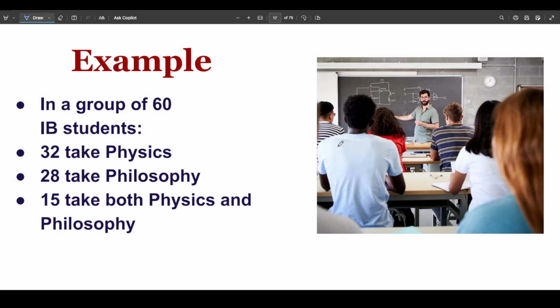Okay, we're going to go for an example here. Let's say that in a group of 60 IB students, 32 take physics, 28 take philosophy, and 15 take both philosophy and physics. If I ask you what is the probability of choosing a student at random from this sample, and that student takes physics?